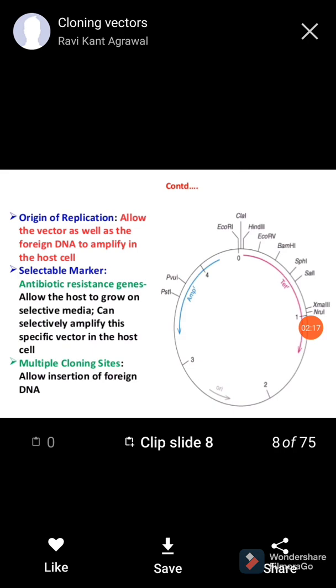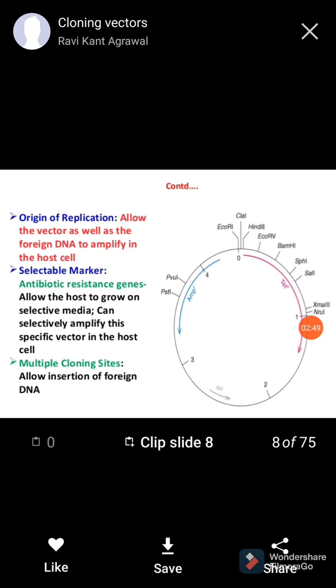Whereas those bacterial cells which did not take up the vector will die, because they will not be able to resist the antibiotic. So that is just an example. That is why a selectable marker is important, because it allows the host to grow on a selective media and it can selectively amplify the specific vector in the host cell.